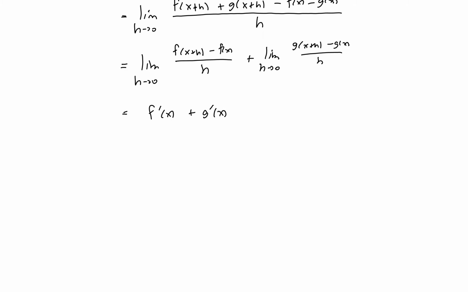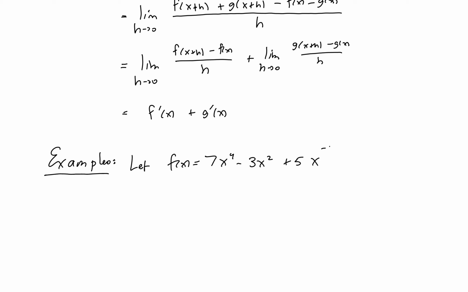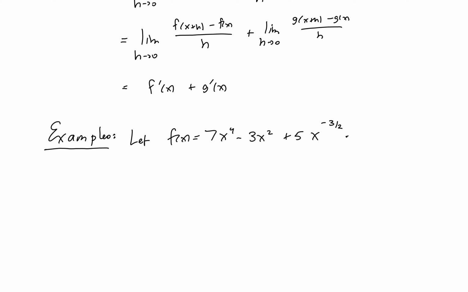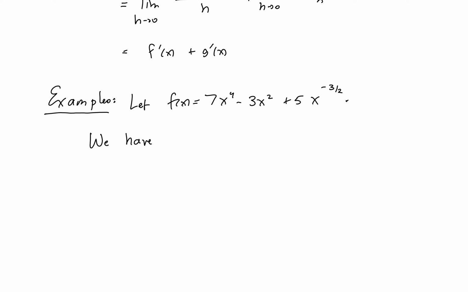Let's try some examples. So let's let f of x be 7x to the fourth minus 3x squared plus 5x to the minus 3 halves. So we can take the derivative of this.